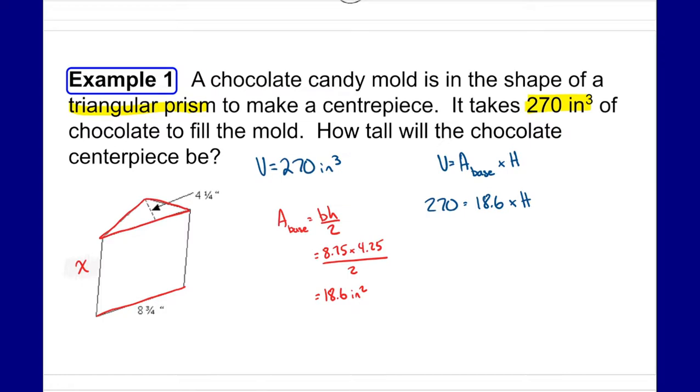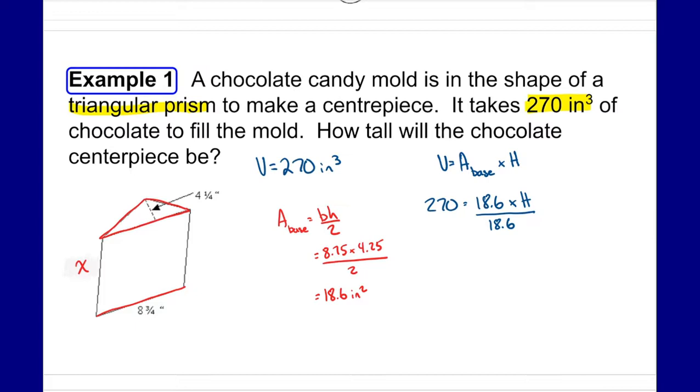What do we do? Well, in order to solve the equation, we need to isolate or get h by itself. How do we do that? Hopefully you remember from grade 11 and 10 and 9, but we do the opposite operation, or we cancel things out. If I want to cancel out this multiplying by 18.6 so that h is alone, I need to do the opposite, or divide by 18.6.